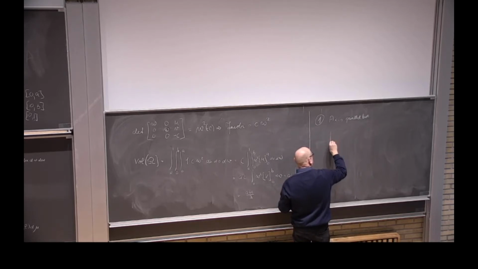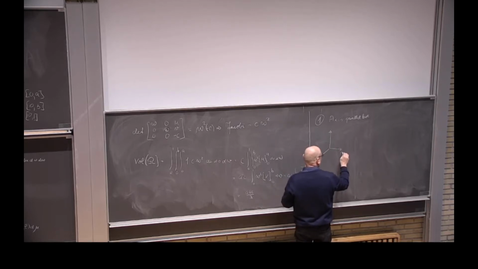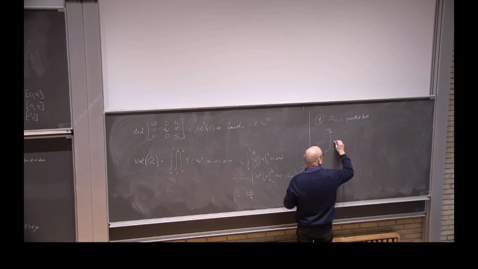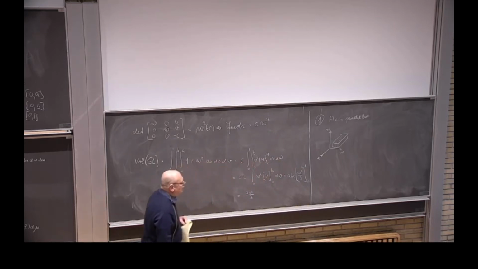I have u, v, w, and then I have some kind of box, say this. So this is in fact my solid in parameter space.